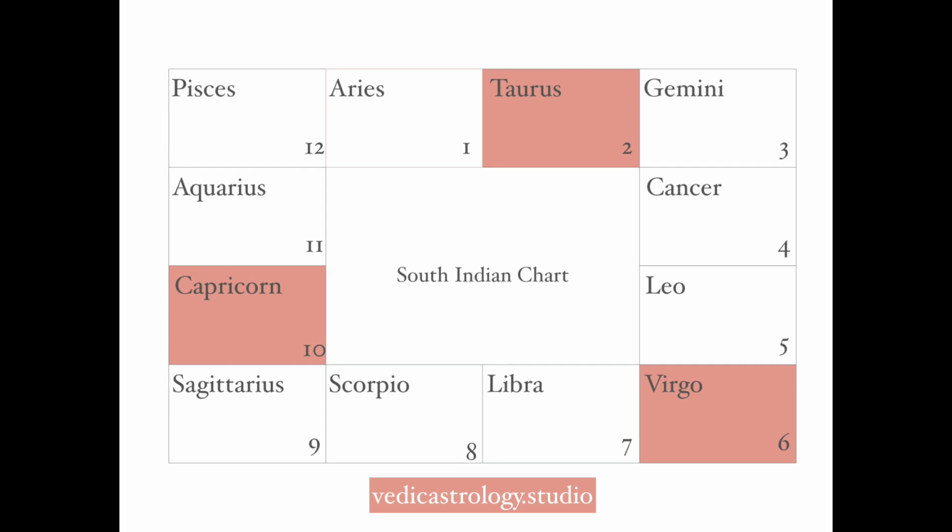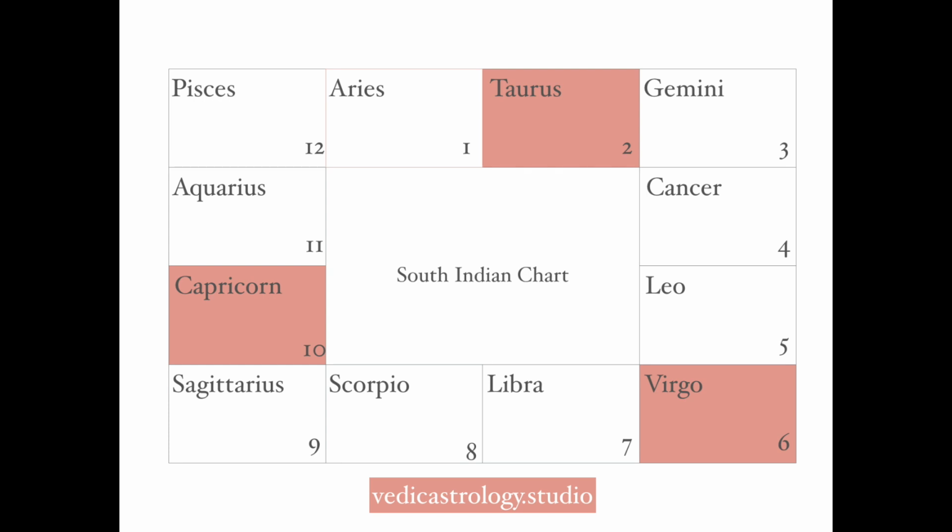That's why these houses are related to money in astrology. They're more related to work. They're also related to finances because obviously work is related to finances. But these are related to work.